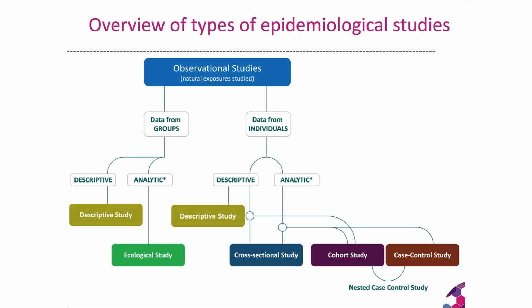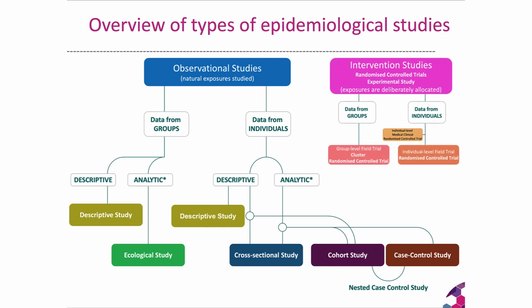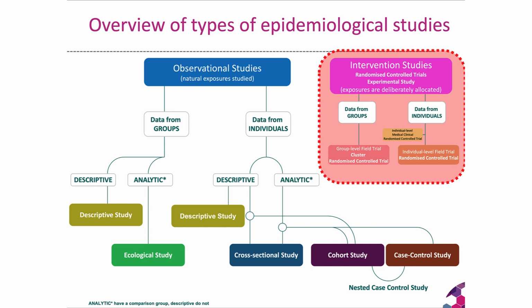Looking at the overview of the different types of epidemiological studies, we can see that randomized controlled trials fall into the group of studies at the top right called intervention studies. In intervention studies, there are two broad types where you collect data and randomize at the group level, and you collect data and randomize at the individual level.